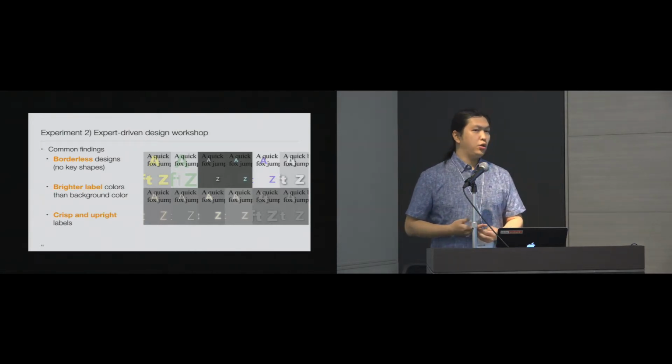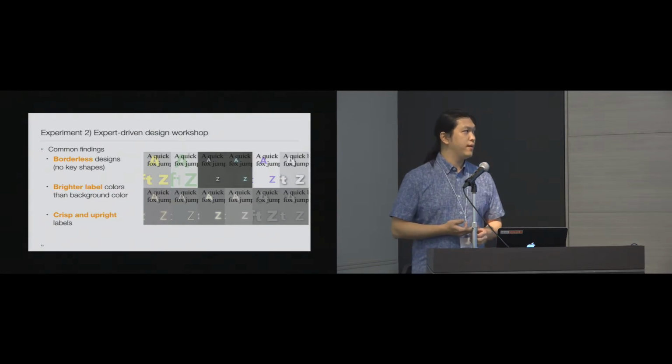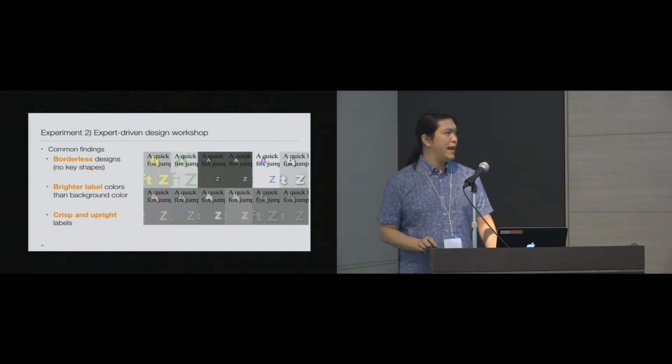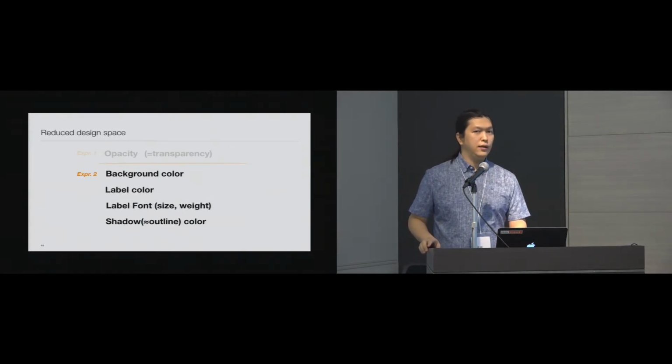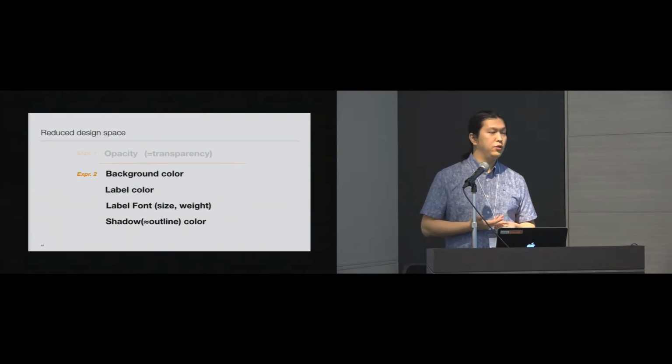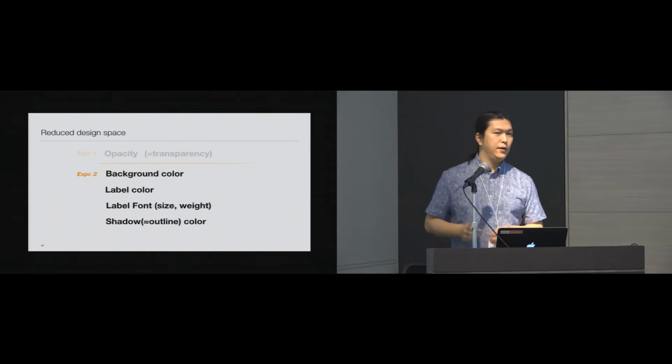And they don't really like the blur design, so they usually use crisp and unblurred labels. So we could eliminate the design space further and only keep the relevant features. So this could be a guideline for those who want to design an SDK in the future.